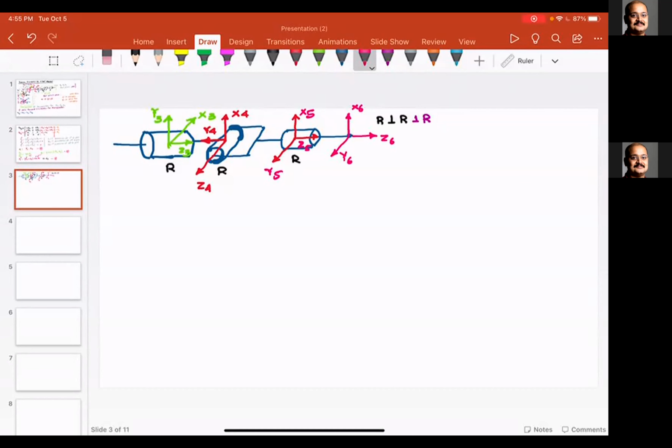So now the second step, step 2, is to solve forward kinematics of the spherical wrist.